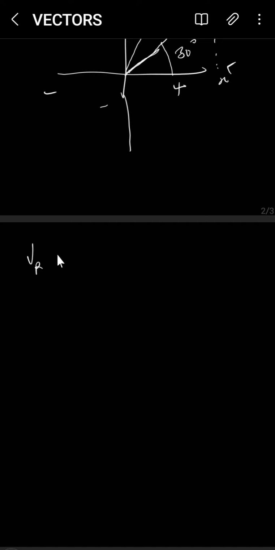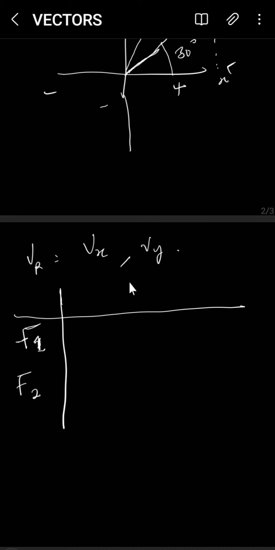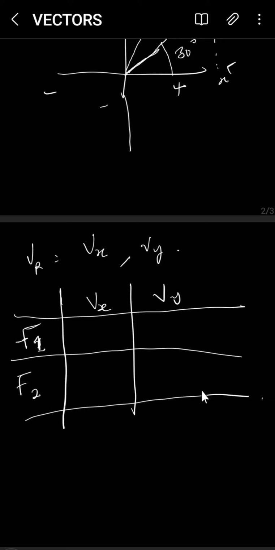Okay, so for our resultant vector, we'll have to find its component X and its component Y. How? By finding component X and component Y of the individual vectors that we are adding. So F1, F2, again, it will be easier to make a table, right? So table, very easy to do. So Vx, Vy, there you go.